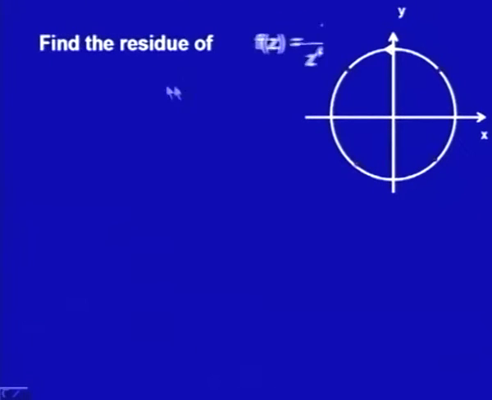My function is 1 upon z to the power 4 plus 1. Its singularities would be where the denominator polynomial z to the power 4 plus 1 has zeros. Now, z to the power 4 plus 1 would be 0 when z to the power 4 is minus 1.